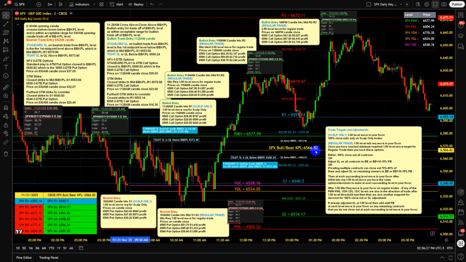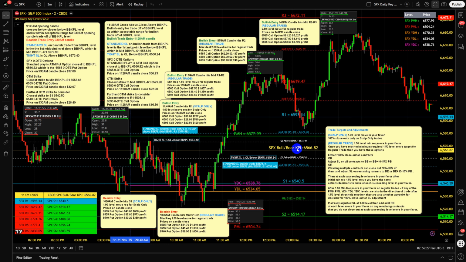Now, what about as far as strikes, the SPX option strikes for this particular bearish trade? So on this indicator, for any bullish or bearish trade off of any of the main levels, there are always going to be 3 different option strikes that you can consider for any of those trades.